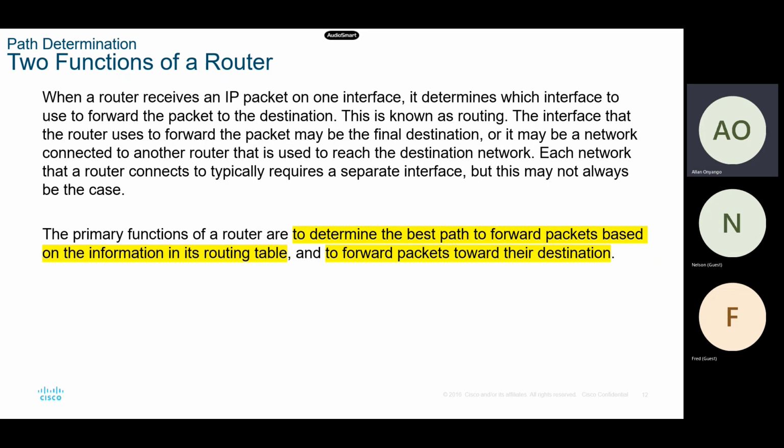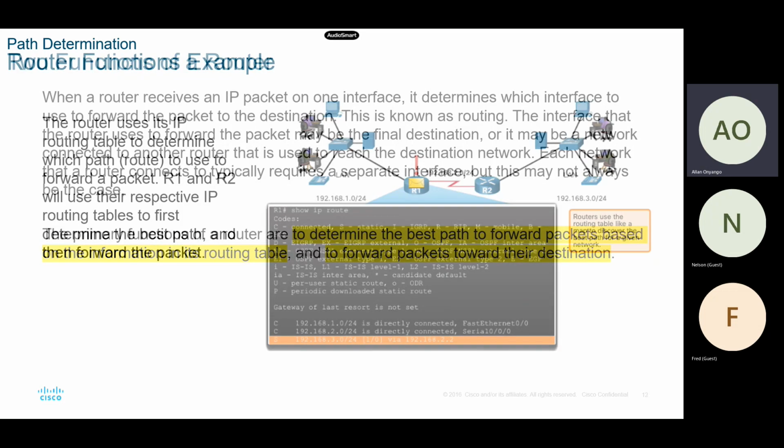And so the primary function of a router, therefore, is to determine the best path to forward a packet. And this determination is based on information that is stored within the routing table of the router. And the other function is obviously to forward packets towards their destination networks. So a router has the mechanism of forwarding the packet. If it is not the destination network, then it will forward it in the direction of the destination network. Very, very important for us to note.